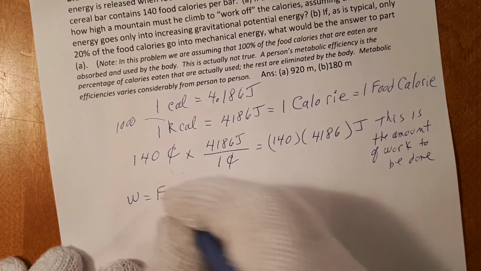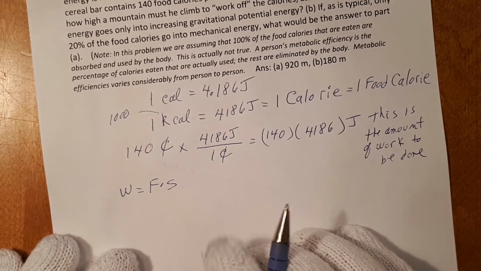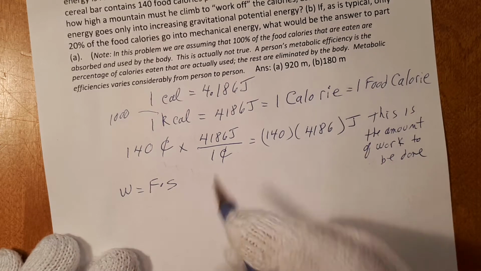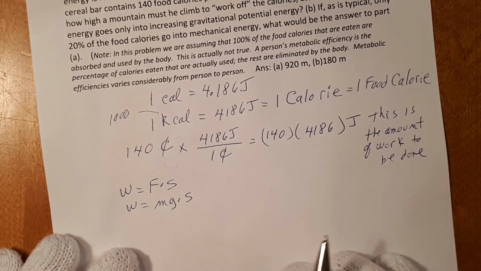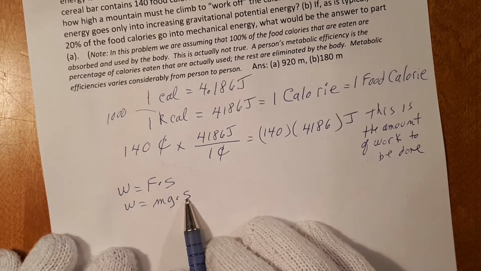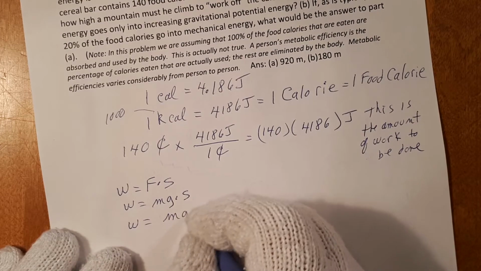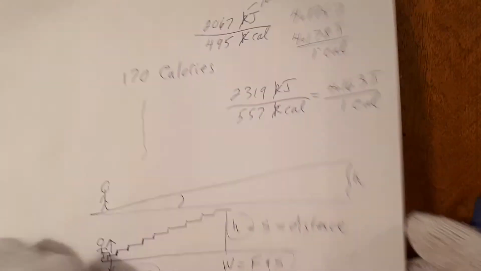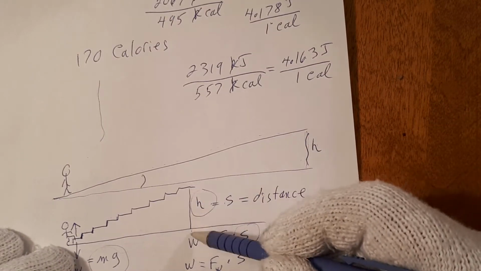Work is equal to a force times the distance traveled. And we changed this earlier for it to represent the force of weight. It's equal to mg times the distance traveled. And s can be changed to another character of the alphabet, and we'll just make this work is equal to mg, and we'll call that h for the distance traveled, because he's going up, and we're going to just represent that distance traveled here, the vertical distance, as h.